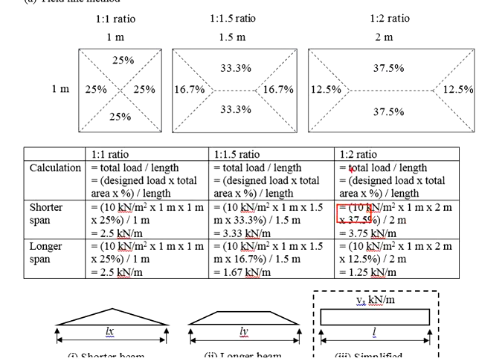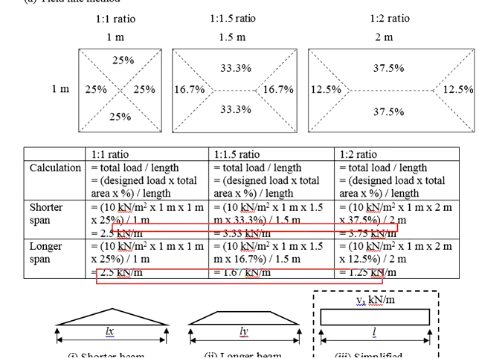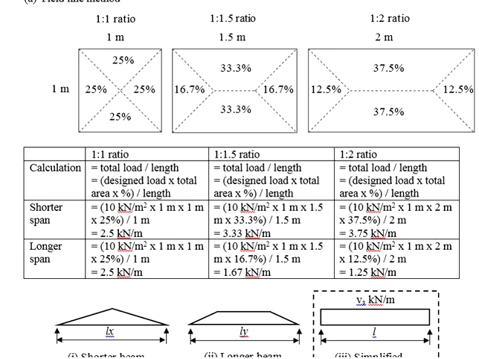That gives you the total load. For you to get the UDL, you divide it with the span, 2 meters. Based on the calculations, you are able to determine the loads carried by each beam.